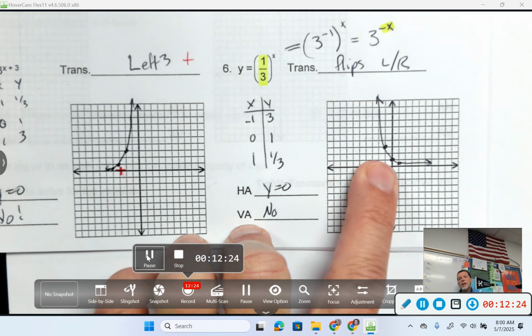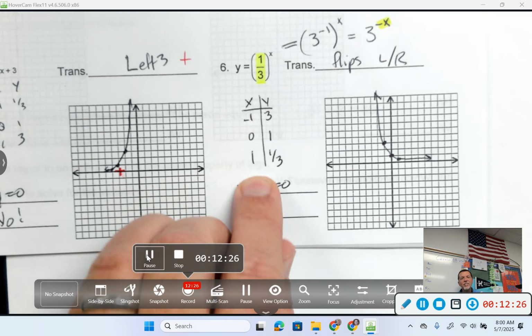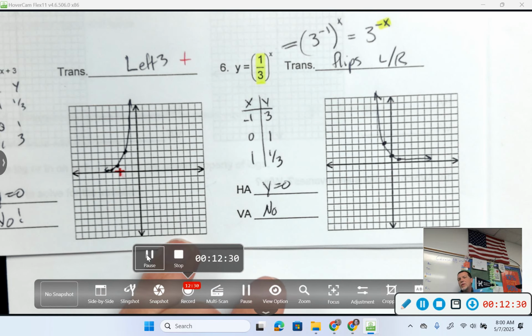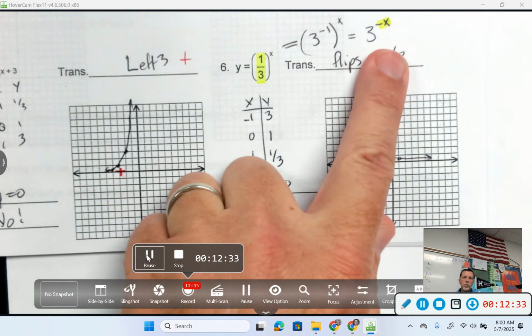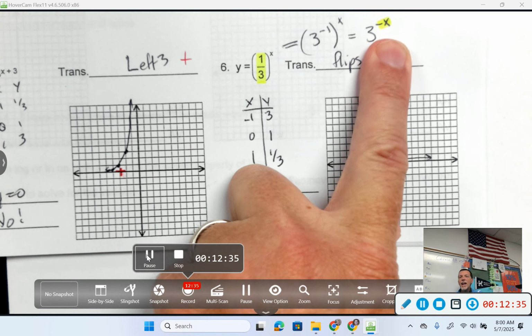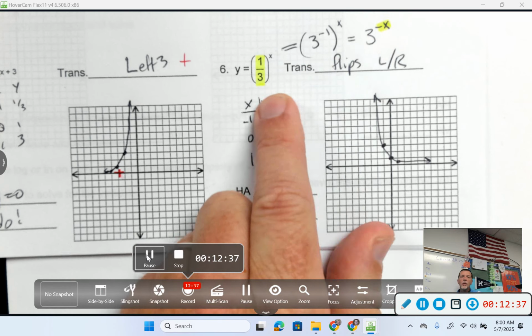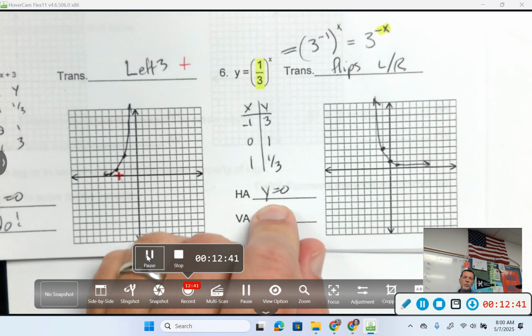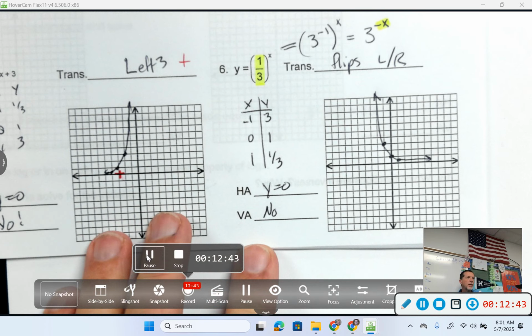And that's what we got. We changed the x signs of the original, and that's our graph. So you could see it either way. You could do this kind of trickery and realize that it's a left-right flip, or you could just start from scratch and plug in some points. Either way.